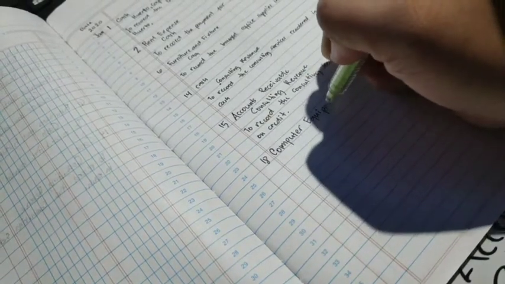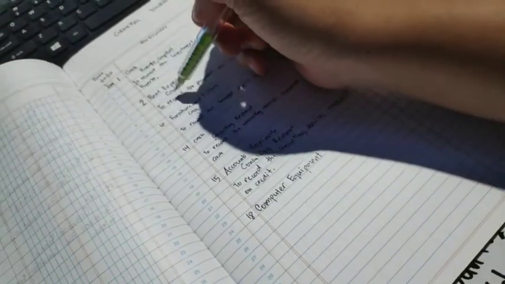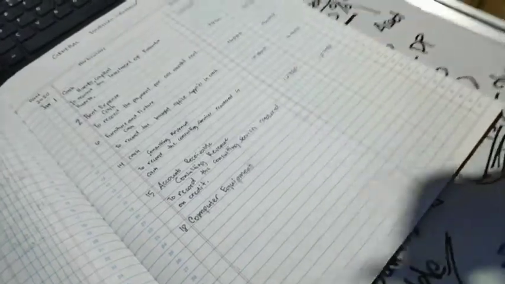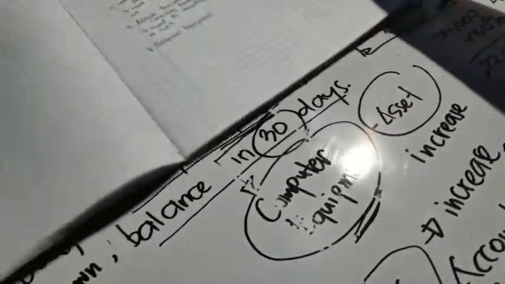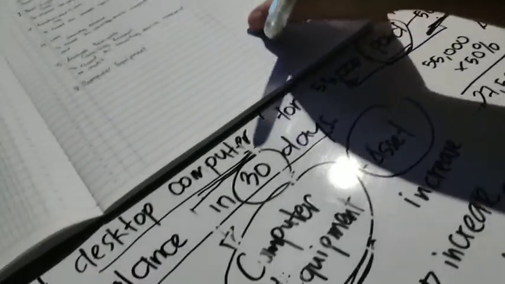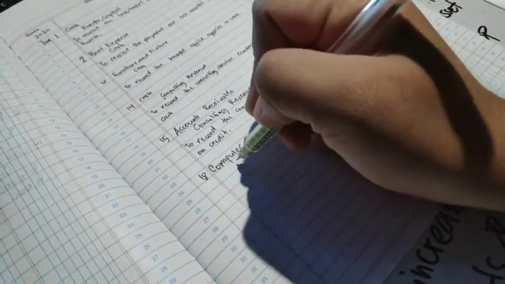Bakit? Kasi kung isusulat nyo ang inyong credit account, hindi nyo na masusunod yung linya nila. As you can see, nakalinya sila. Next, another credit account, which is the cash, because it is decreasing. Okay.